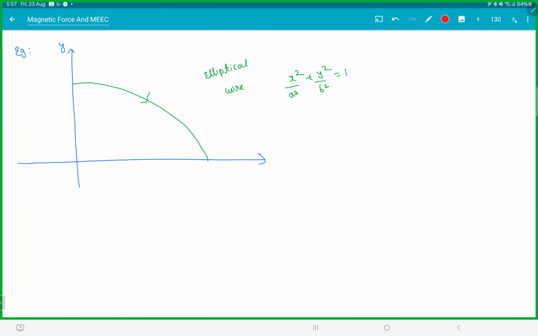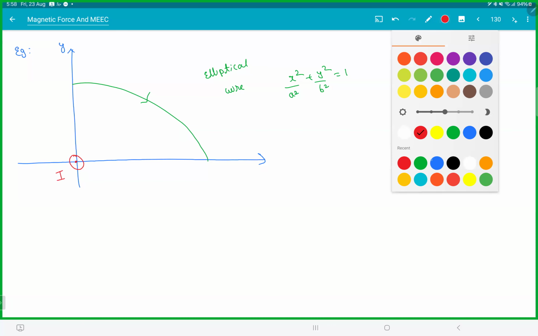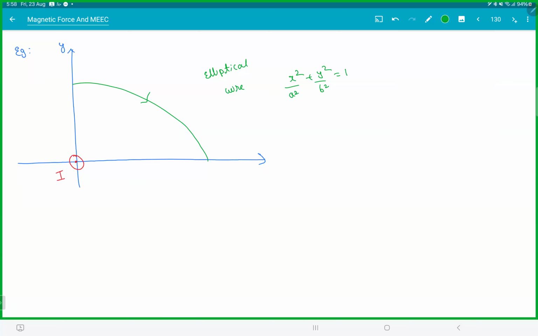Be very careful, this is strictly valid only in a very special case: the current should be out of plane and the wire should be in the plane. If you accidentally take the wire otherwise, you won't get this answer. It will be something else completely. So we derived this for these kinds of conditions. So it's a part of an ellipse. The question was, find the force on the elliptical wire.